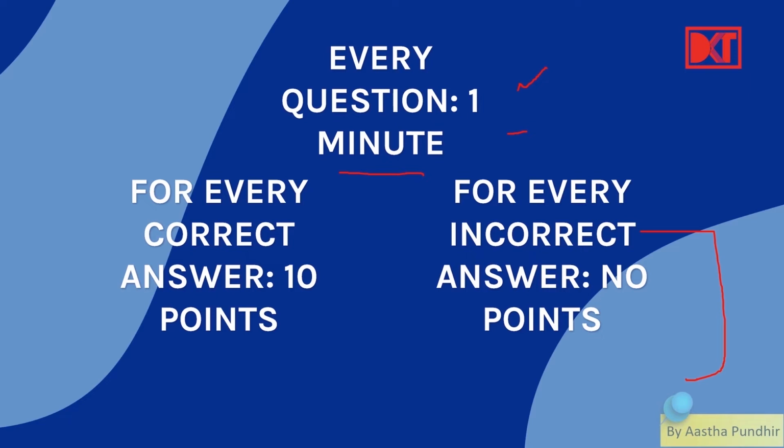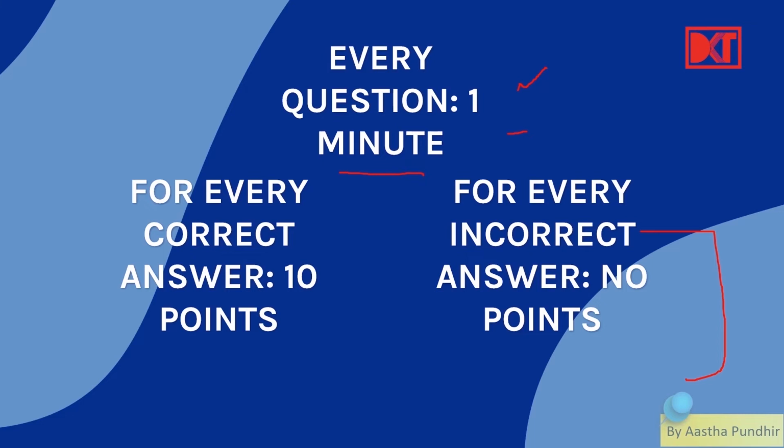Now for a question of which you are not sure about the answer, even here and even in the exam, if you are not sure and you think that option B might be correct or option C might be correct, you should play your luck and your mind, make a guess and still give an answer, because it is a win-win situation. Either you will get the marks for that question or you will get a 0, right? But if you don't attempt that question at all, then you are anyway getting a 0, right?